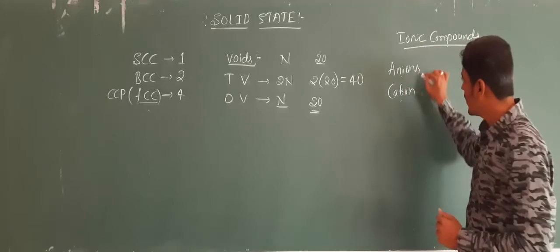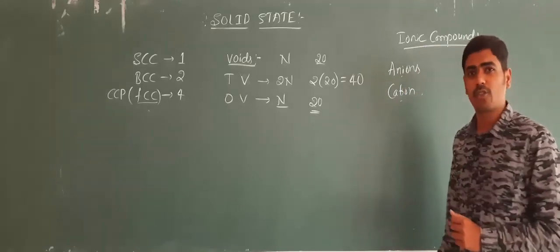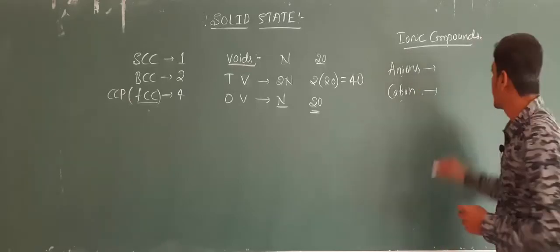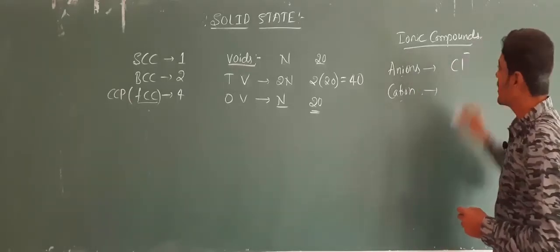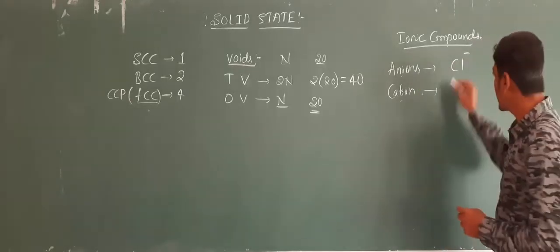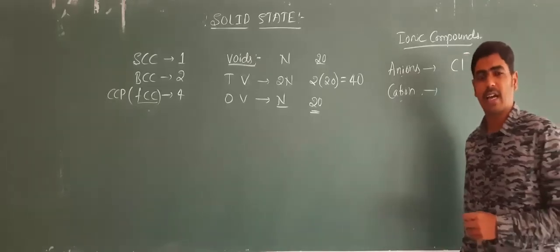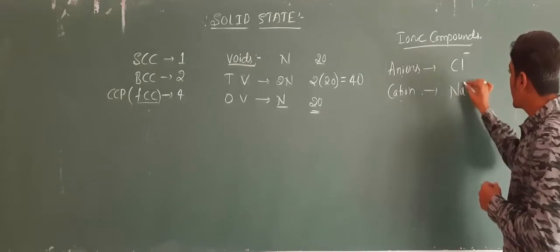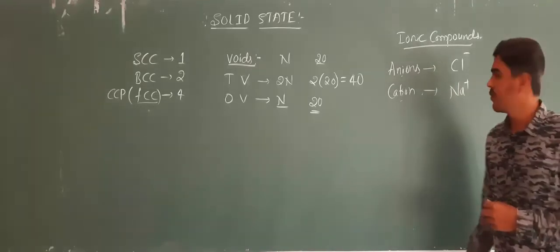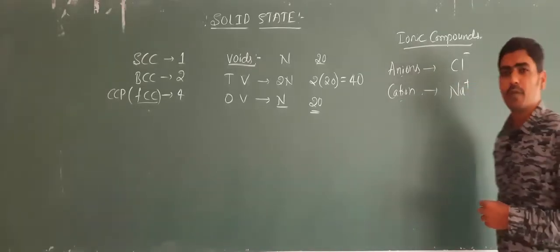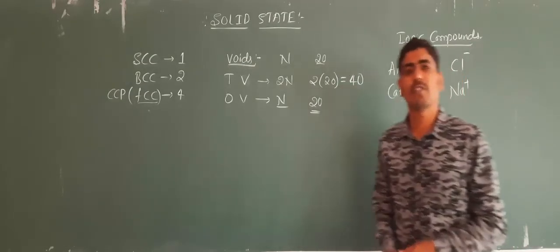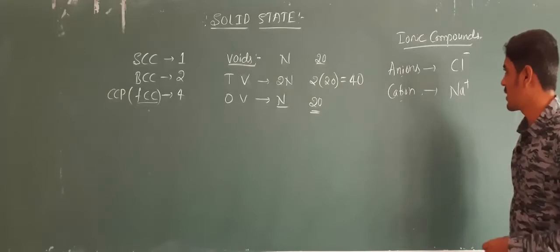Now which one is larger among these two? I will consider Cl minus as the anion and Na plus as the cation. Among these two, which one has larger size and which has smaller size?